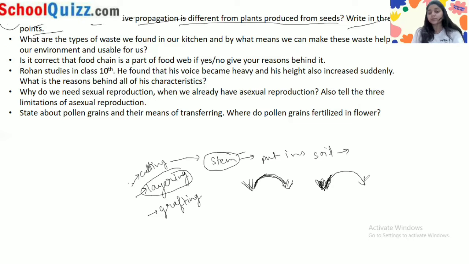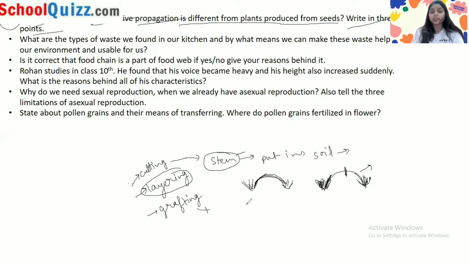After some time, when we regularly give manure and water to the stem sown in the soil, it grows into a plant. When the plant is produced, we can cut the stem, so the stem is detached from the parent plant. This is how layering is done.